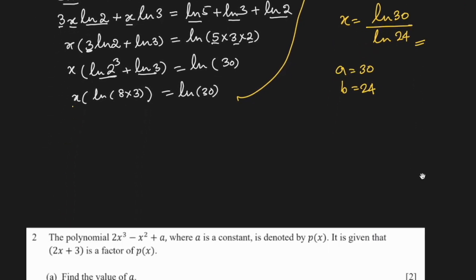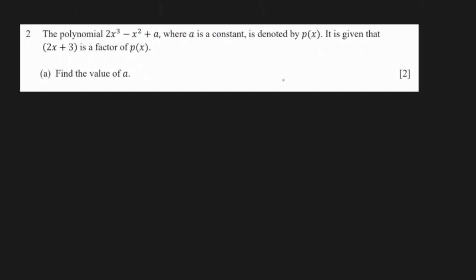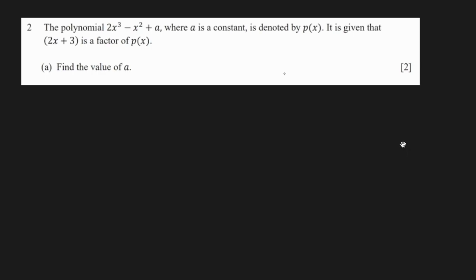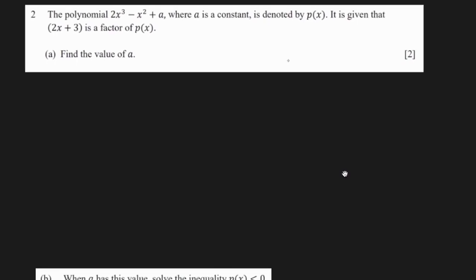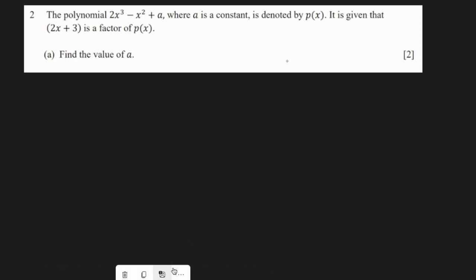And let's move on to question number 2, part A. The polynomial 2x cubed minus x squared plus a, where a is a constant, is denoted by p(x). All right. It is given that 2x plus 3 is a factor of p(x).